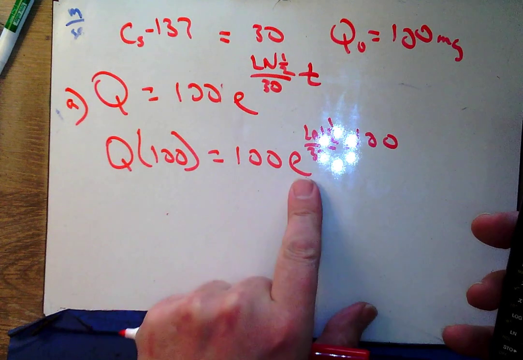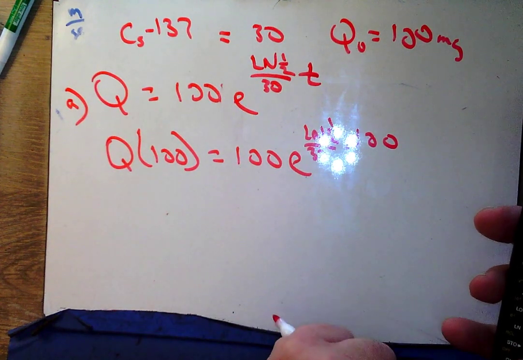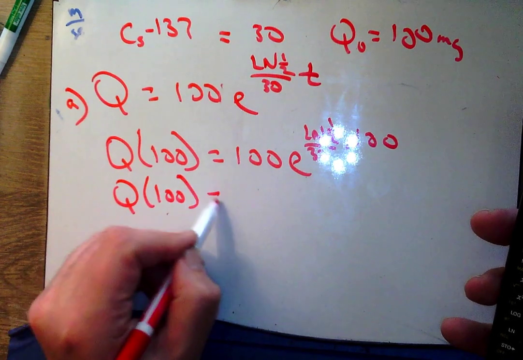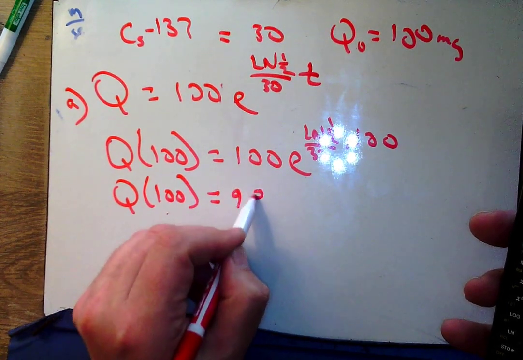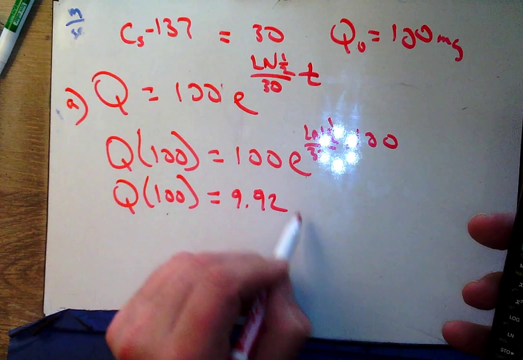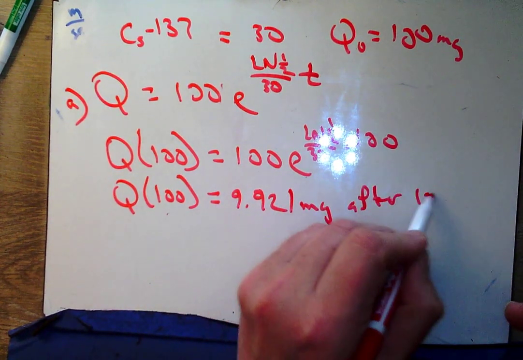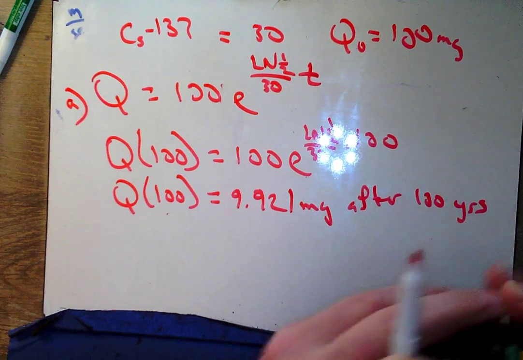Then don't forget to multiply that number times 100. Well, I end up with Q of 100 as being 9.921 milligrams after 100 years.